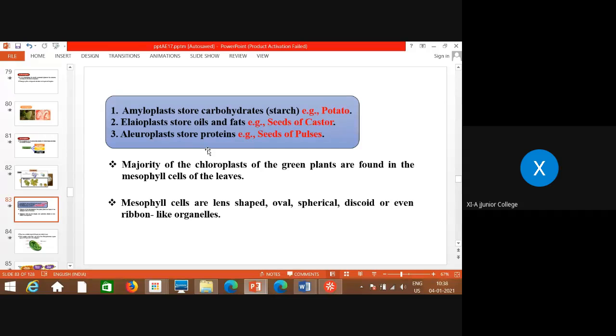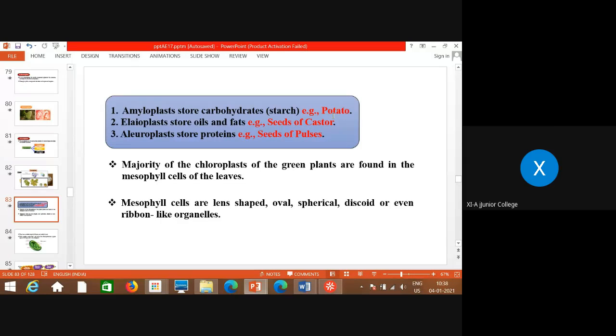Now see, amyloplasts store carbohydrates. You know amylase, the enzyme which digests starch. So amyloplasts store carbohydrates in the form of starch, and the example is potato.